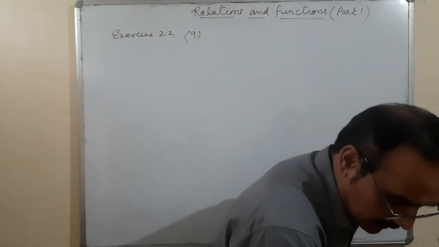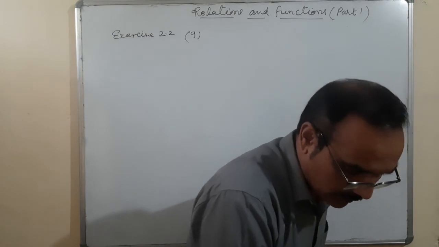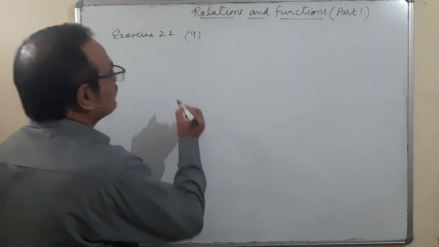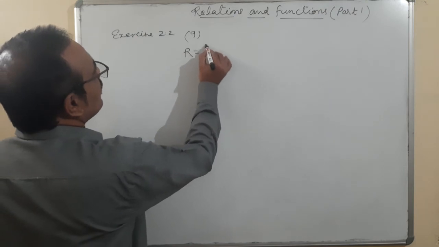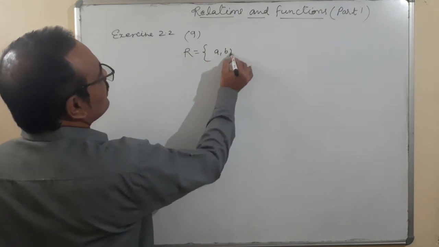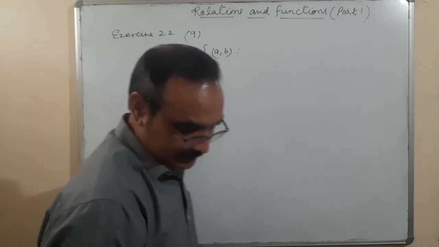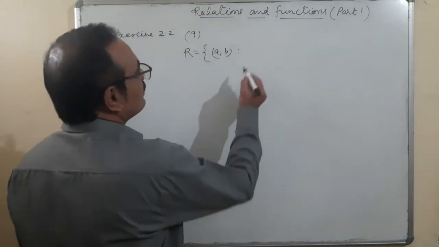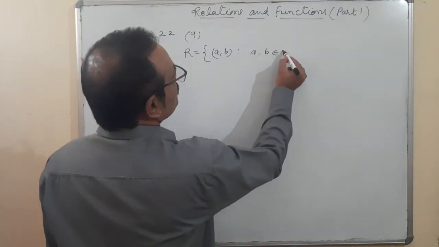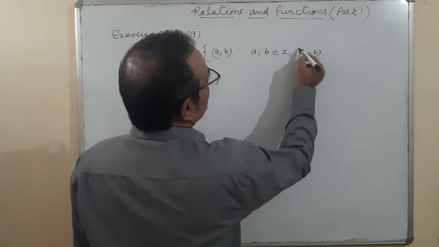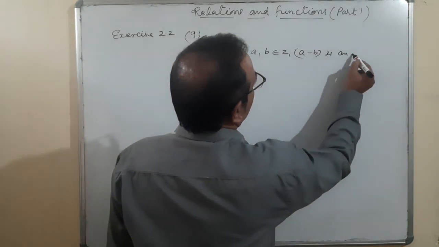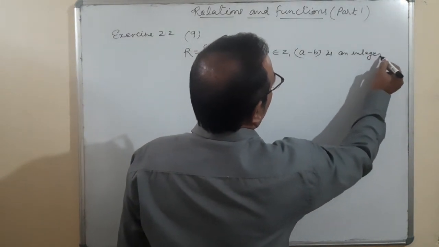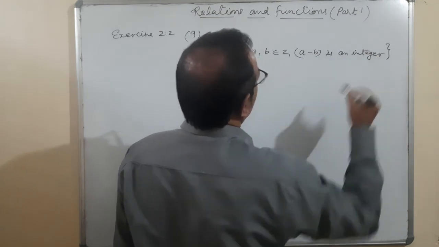It's a very big set. It is given that R is a relation on Z, defined as R is equal to {(a, b)} such that a, b belong to Z and a minus b is an integer.